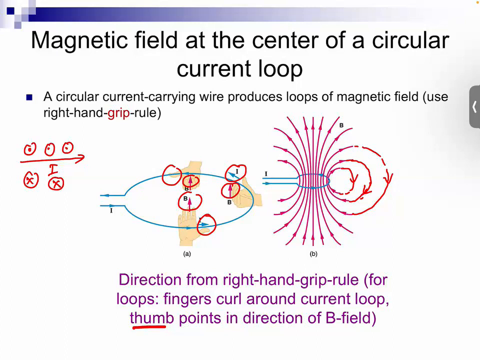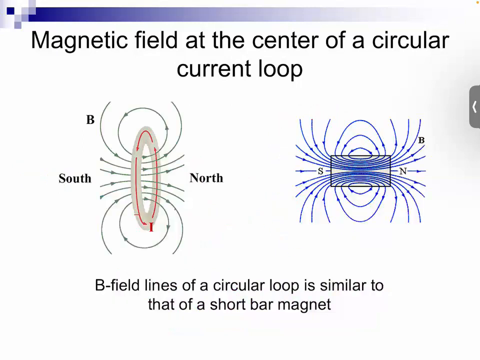Good. All right. So if we look at the magnetic field lines of this wire loop, the wire loop is oriented this way, and the current is flowing in this direction, right? So if we curl our fingers in the direction of the current, notice how your thumb is pointing to the right. So you have here the magnetic field lines going out of the loop, or going to the right, at this end of the loop.